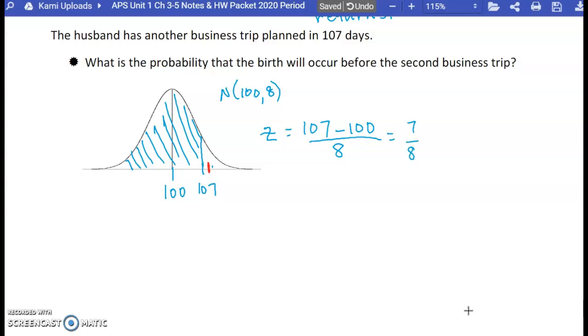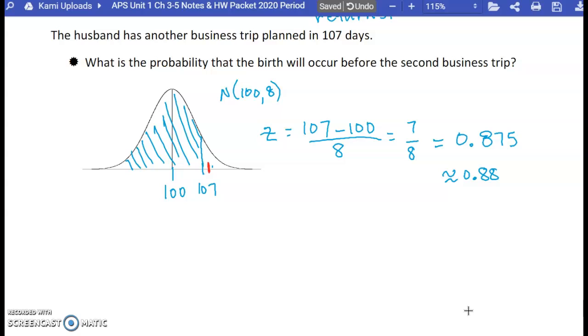You shouldn't be surprised to have a positive z-score, a positive numerator, because it's above the mean. And this z-score comes out to be 0.875. And we're going to round that to 0.88, using the positive side of the table. We also know this definitely has to be a percentage bigger than 50%.